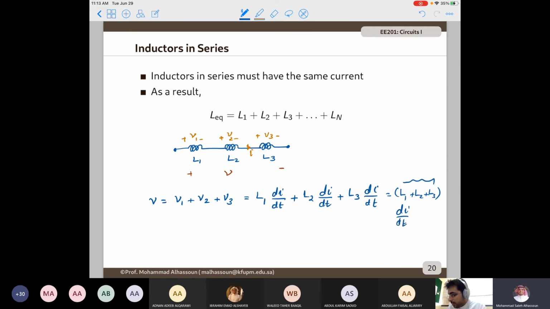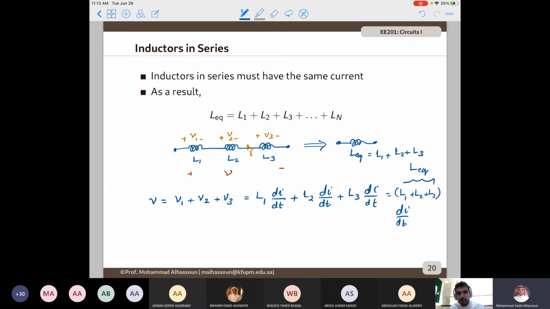So this one is called the equivalent inductance. If we have inductors in series, then the equivalent inductance is L1 plus L2 plus L3.